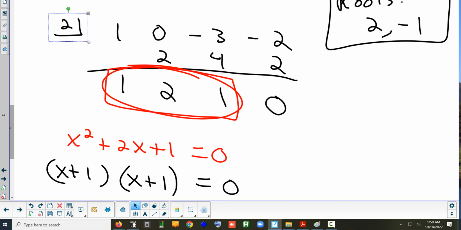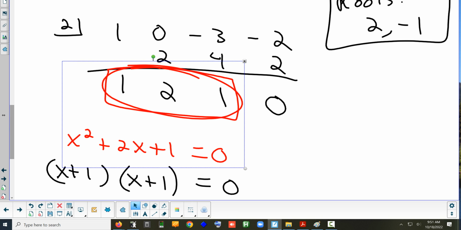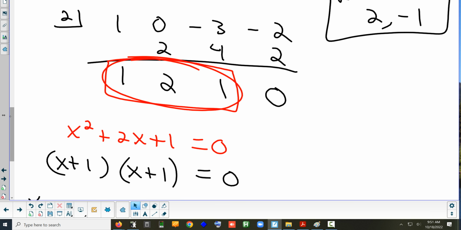So this root was correct. But let's say we got to this step, we tried 2, it worked because we got a remainder of 0, but now we have a quadratic equation that we can't factor. How are we going to solve this? We want to continue from this step, though. We don't want to go back at this point.